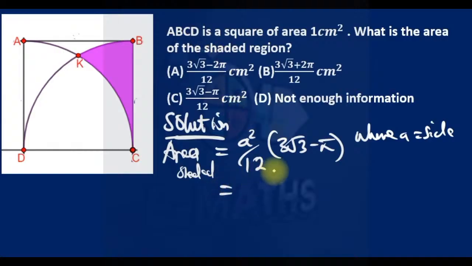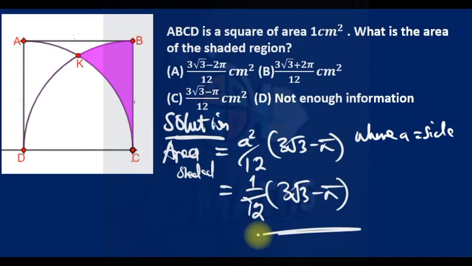As you can see, a is the side, so a squared is the area, and they give us the area as 1, so it's 1 over 12 times 3 root 3 minus pi. So that's the answer. So option C. That's a very nice question. Okay, let me now prove how the formula came about.